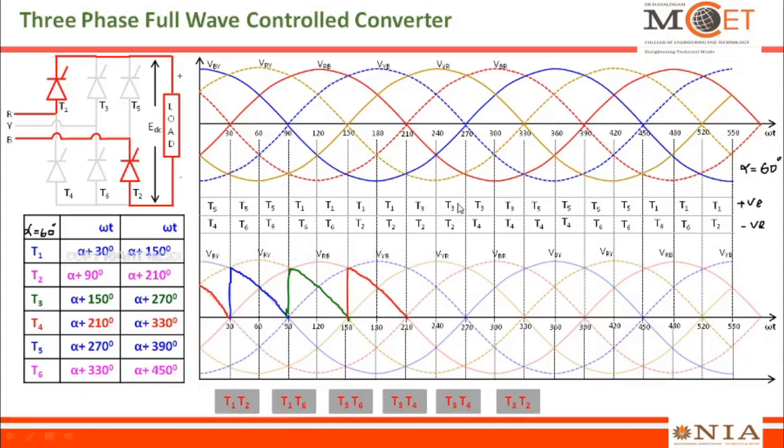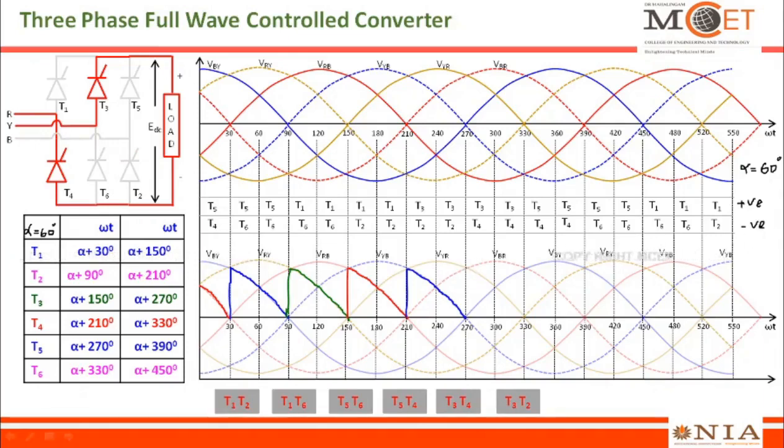During the next 60 degrees, T3 and T2 are conducting. So with T3 and T2, VYB is the voltage which appears across the load. VYB is this blue dotted line. So this voltage now will appear across the load. In the next 60 degrees, T3 and T4 are conducting. With T3 and T4, VYR is the voltage which appears across the load.